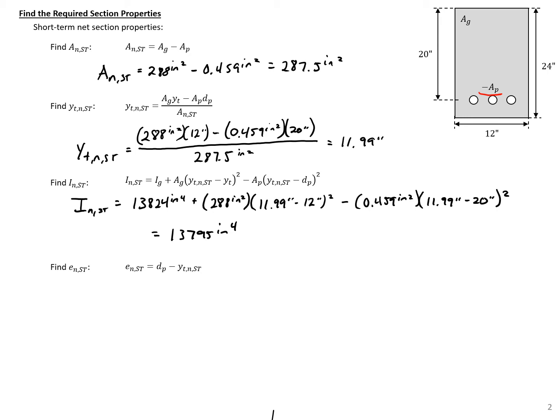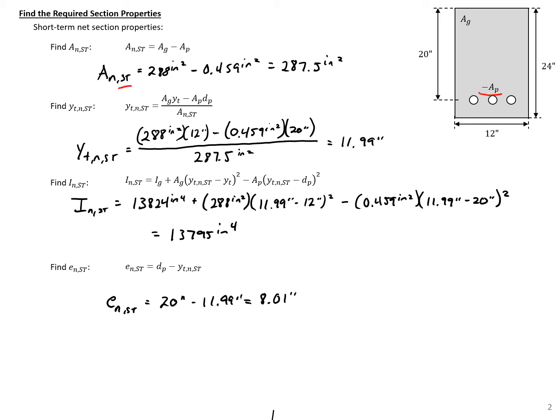so it doesn't affect things too much. And then finally, we can find our eccentricity with our net section. So this is going to be 20 inches minus 11.99 inches, which will be 8.01 inches. So these are our short-term net section properties.